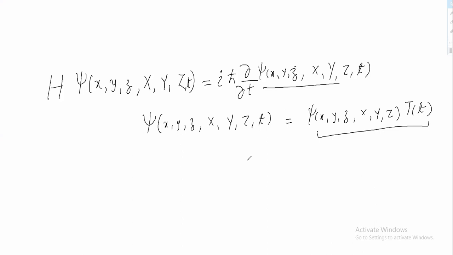And what is the solution corresponding to the time component? That is e to the power minus iEt by h cross. And then I had told you, in all expectation values, this quantity will come with its complex conjugate and will not appear in your final result. Is it clear?